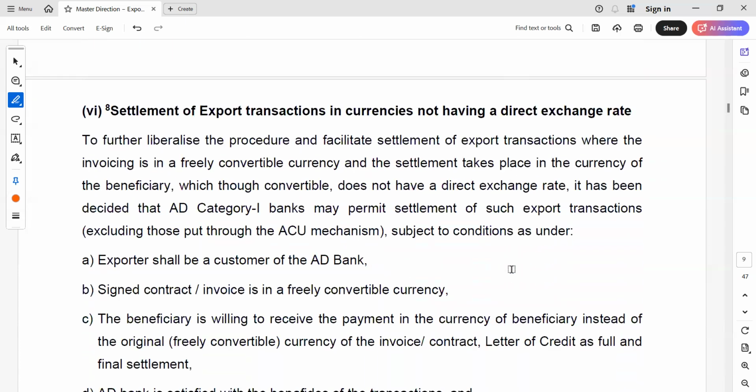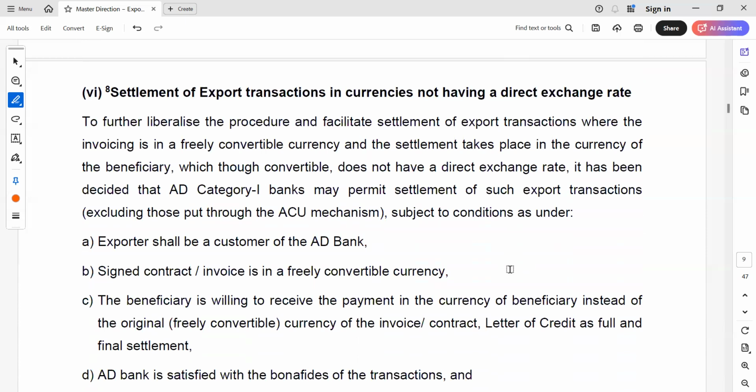So settlement of export transaction in currencies not having a direct exchange rate. Okay. So where direct exchange rate is not available. To further liberalize the procedure and facilitate settlement of export where the invoicing is in freely convertible currency and the settlement takes place in the currency of the beneficiary, which though convertible does not have a direct exchange rate, it has been decided that AD category 1 bank may permit settlement of such export transaction, excluding those put through ACU mechanism.